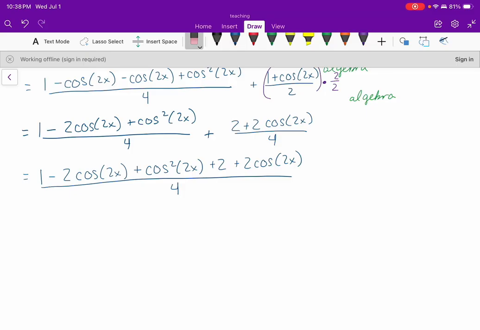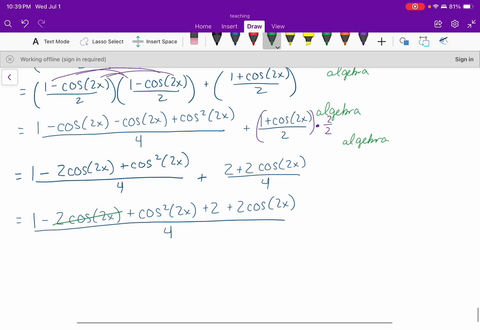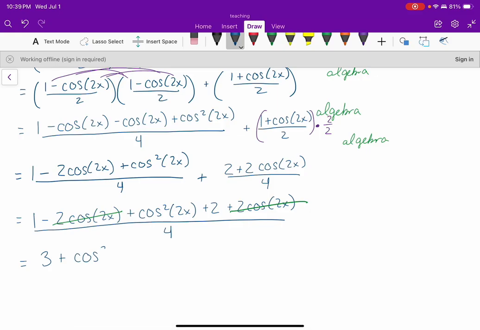Negative 2 cosine 2x and positive 2 cosine 2x will cancel out, and that leaves me with 1 plus 2, so 3, plus cosine squared 2x, divided by 4.